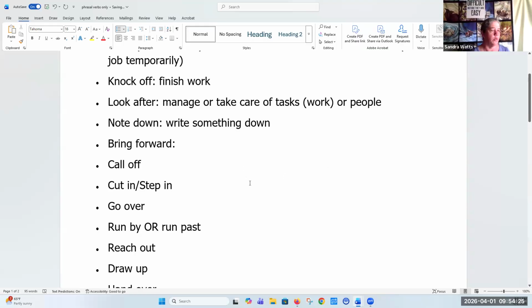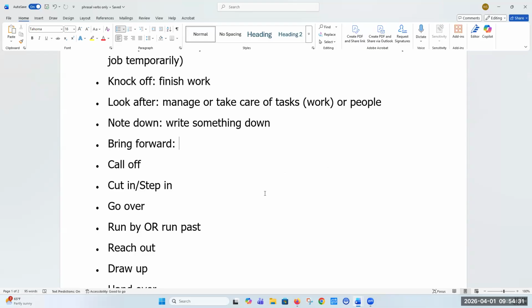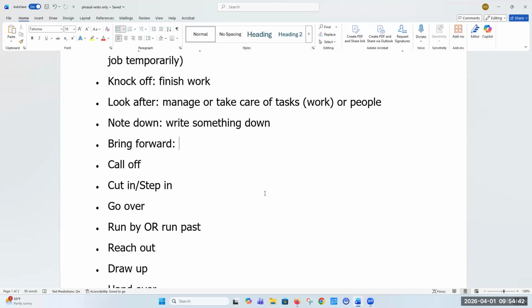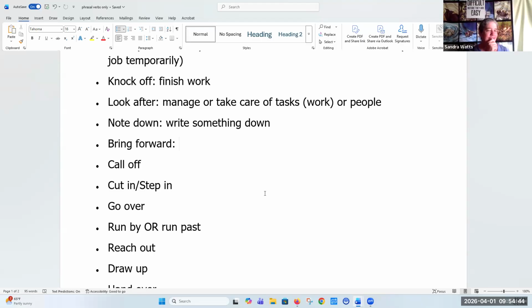Okay, bring forward. When you present your work or your something, ooh, that's a good thought, but no, that's a different phrasal verb. I know what you mean though.